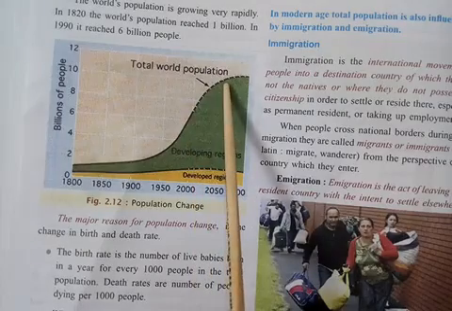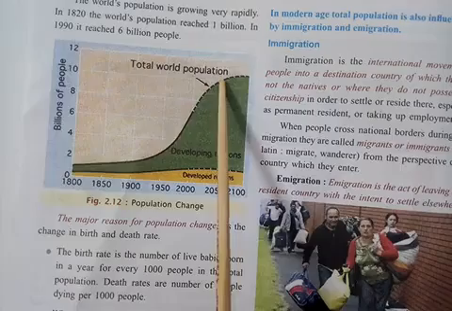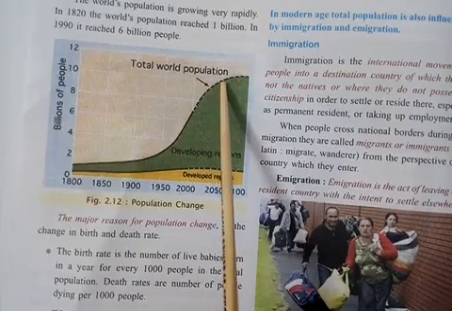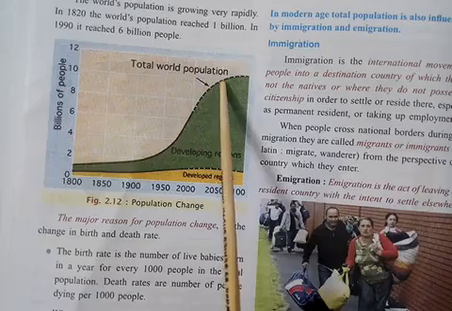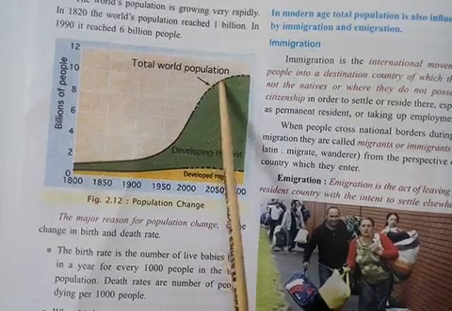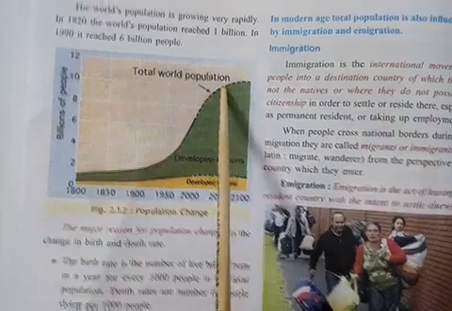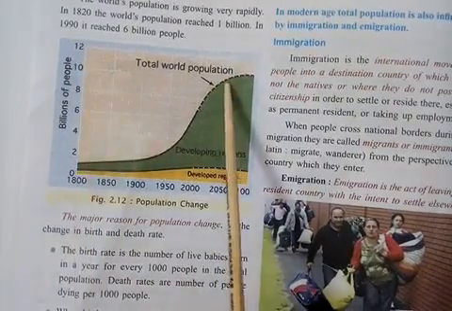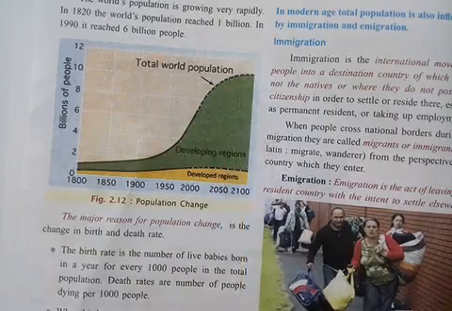You can find we are expecting that this population in 2050 will reach 10 billion. So from 7 billion to 10 billion. This growth suggests that it is going down after that, because 10 billion is too much, and because of the excessive development.